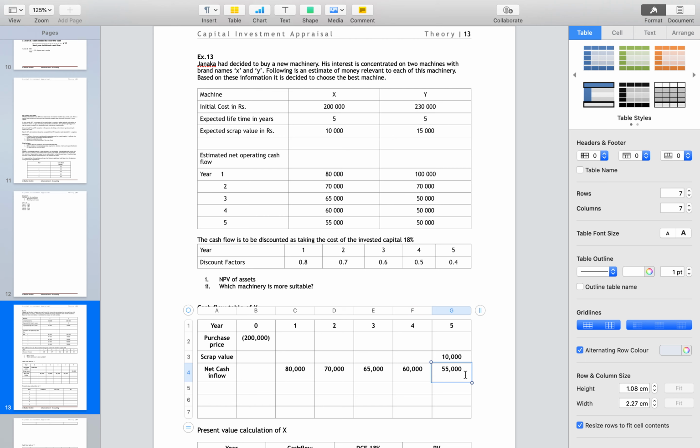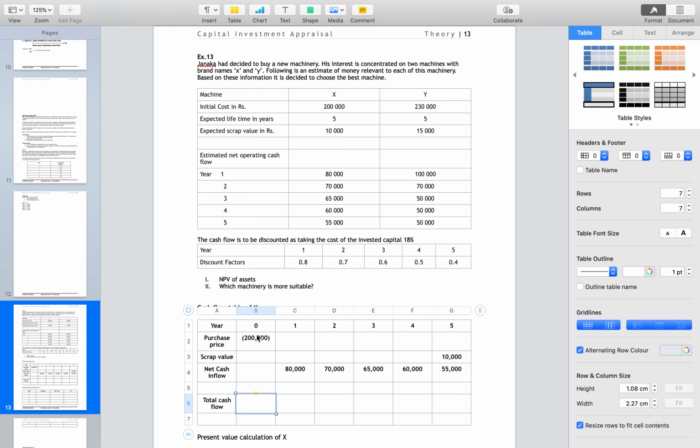So guys, with that I have considered all the answers for machine X. Now what you should do is total them. So this is what you call your total cash flow. During year 0 my answer is negative 200,000. First year 80,000.